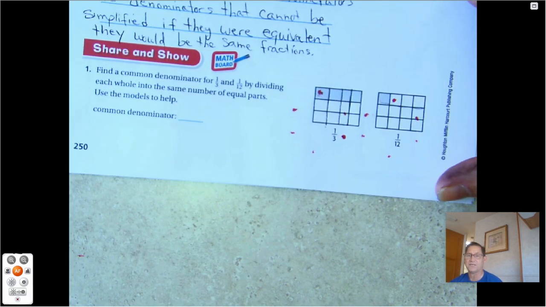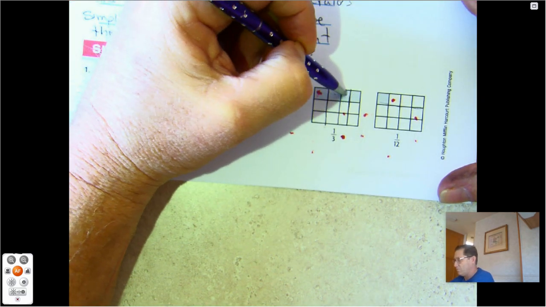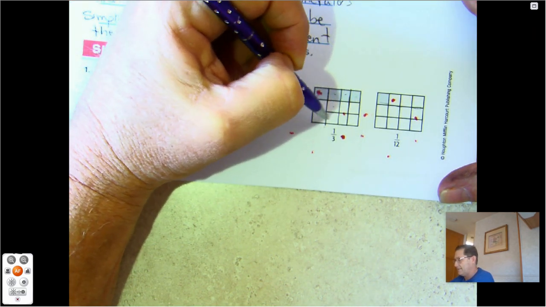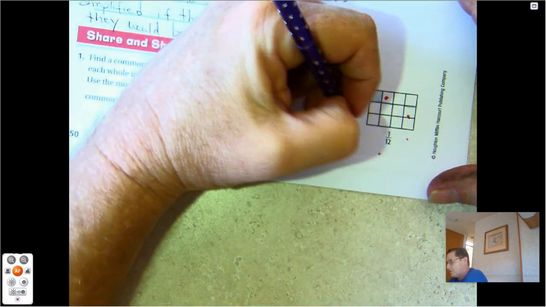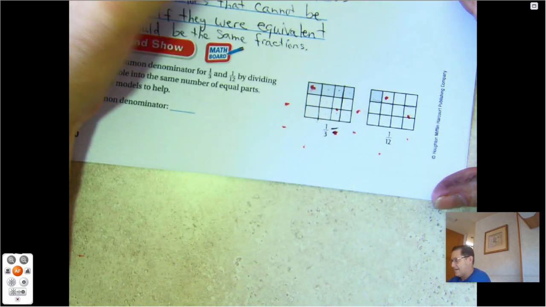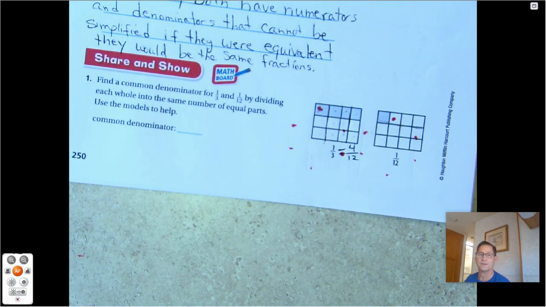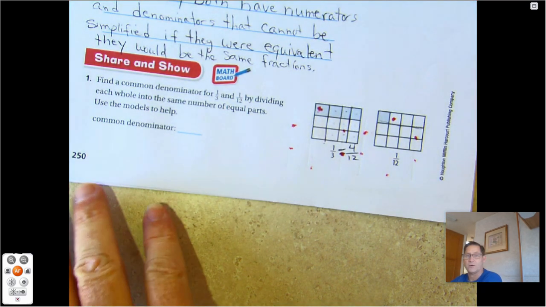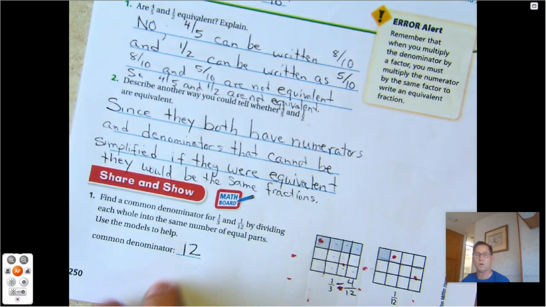Do I get 12 sections? 1, 2, 3, 4, 5, 6, 7, 8, 9, 10, 11, 12. Yes, I do. So 1/3 is the same as 4/12. Okay, so use the models to help. What's the common denominator? The common denominator is 12.